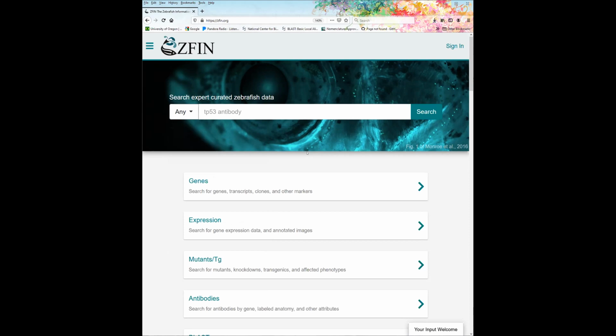All of our data is expertly curated from the primary literature. All of our curators read the data and insert it into the database. We've been participating in phenotype curation from the outset.